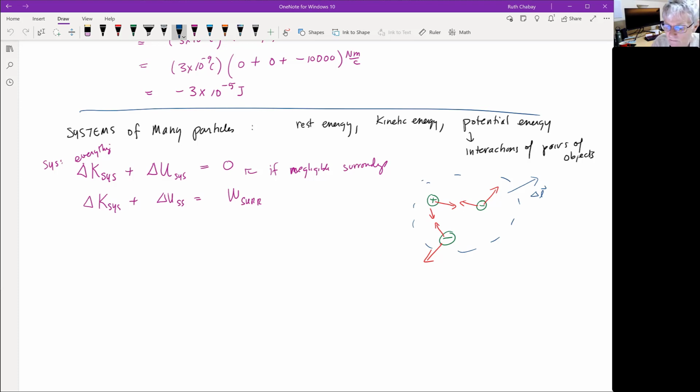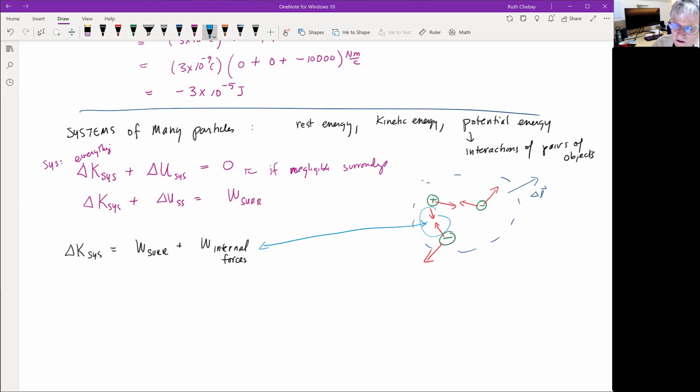And the way we got to this, you'll probably remember, is that we said the change in kinetic energy of the system was equal to the work done by the surroundings plus the work done by internal forces, meaning forces by objects internal to the system.